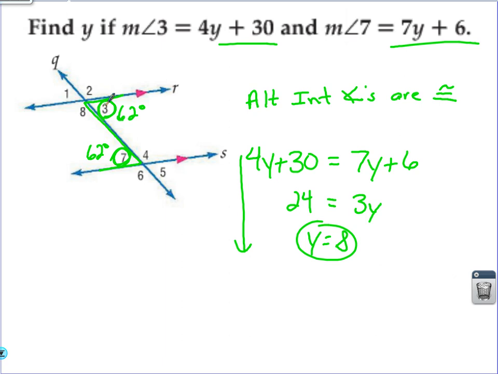But if I want the measure of angle 2, well, those are supplementary. You'd have to subtract from 180. That'd be 118. So I could go a step further on your test. There's a good possibility I'll go a step further on your test and ask you, because you know all the angles now. 118, 62. 118, 62. 62, 118, 62, 118. You know them all.